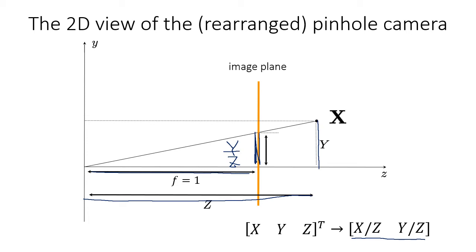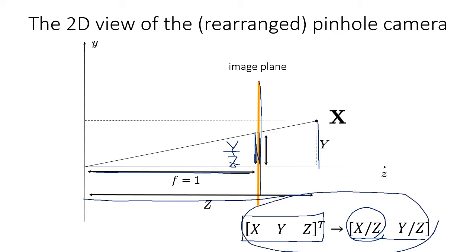So this 3D point x, y, z is mapped to x over g and y over g in the image plane. We can think of this equation as the equation of projection of this 3D point X into this image plane.